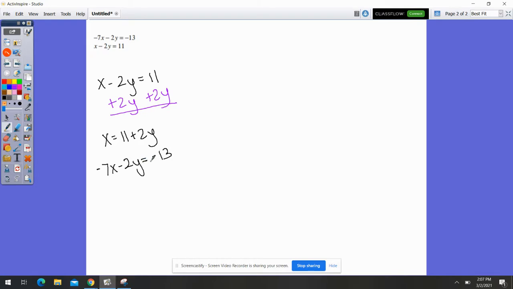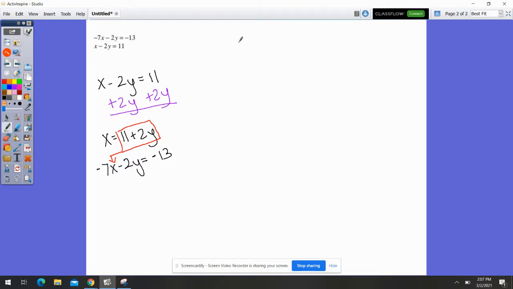We need one of the variables to be by itself so we can continue with the substitution method. So now at this point, I can say, okay, I have x by itself. I know x is equivalent to 11 plus 2y. So I'm going to take 11 plus 2y and replace and substitute it for x in that equation.